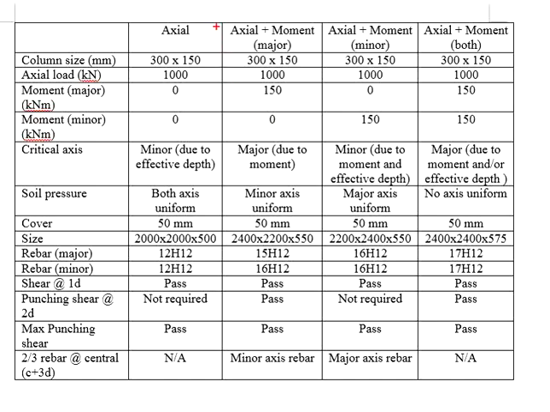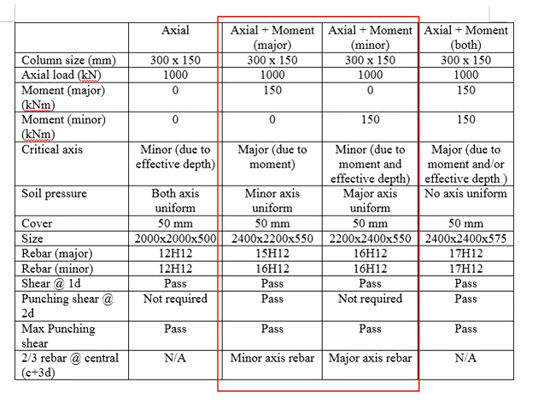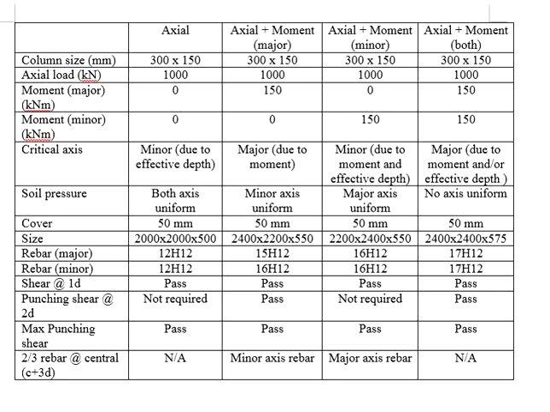Now let us compare the differences between the moment in the major and the moment in the minor axis. Due to the existence of the moment, we will have a greater span of the pad footing in the direction of the moment. The purpose is to engage more area, counteracting the moment.